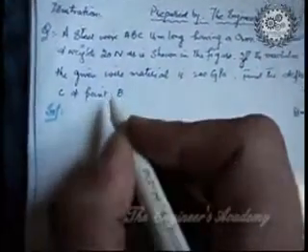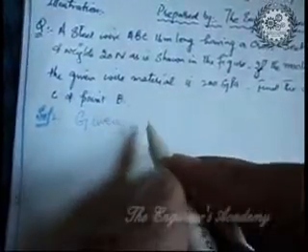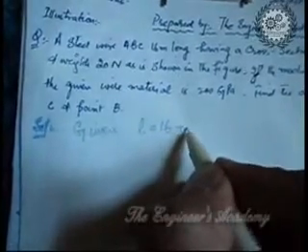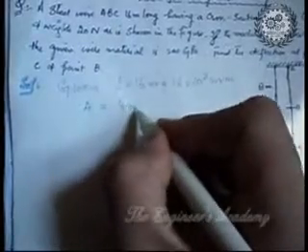Now let's discuss what we have been given in this question. We have the total length of the wire equal to 16 meters. That is equal to 16 into 10 raised power 3 millimeters. After that, we have the cross-sectional area equal to 4 millimeters square.